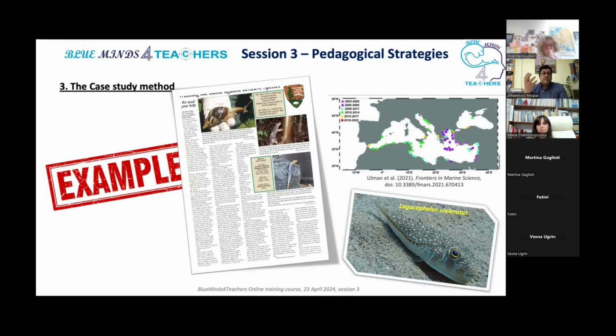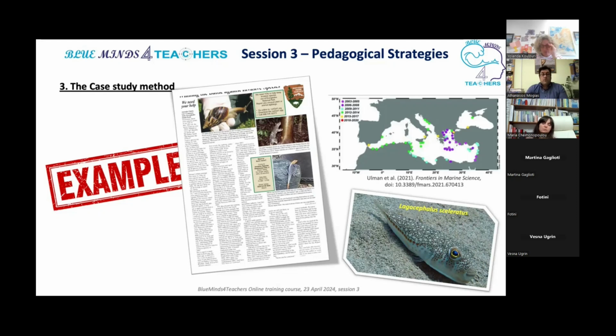You all know that narration is a very powerful tool, especially for teachers. So we could read this article and use it as a triggering event, and then spend some time discussing with our students this phenomenon of the alien species entering, for example, the Mediterranean Sea.